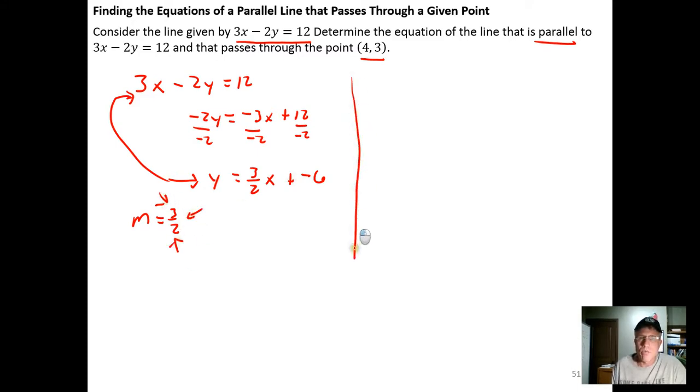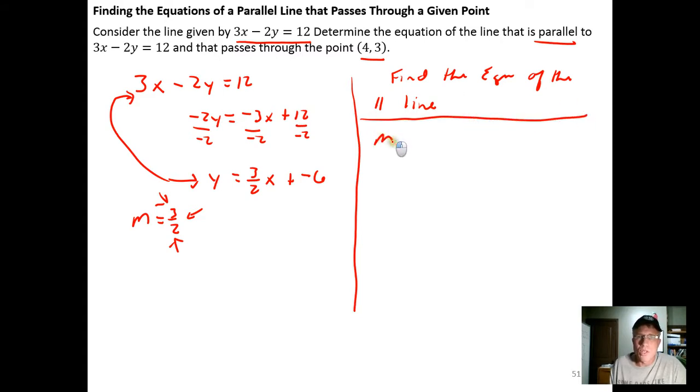So now I can go over here and say, find the equation of the parallel line. So to be parallel, we know that the slope of the line needs to be 3 halves, but we also know that we want our line to contain this point, so it contains the point input 4, output 3.